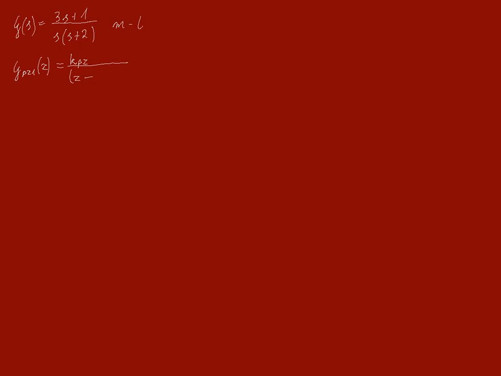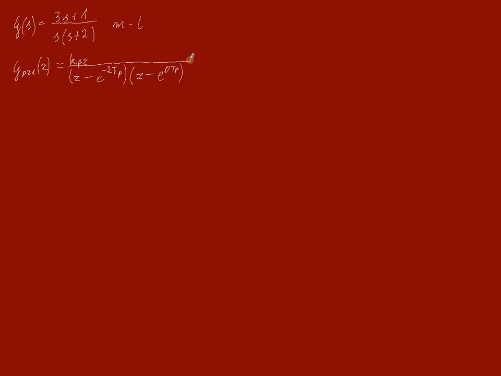That is, in our case, the second pole is 0, so e to the power of 0 is of course 1, but I wrote it so that everyone can see where it came from.